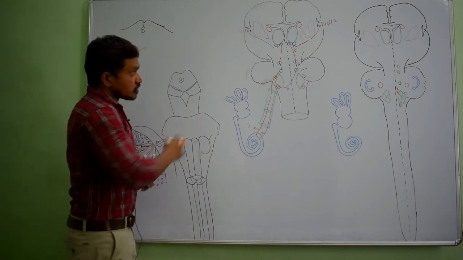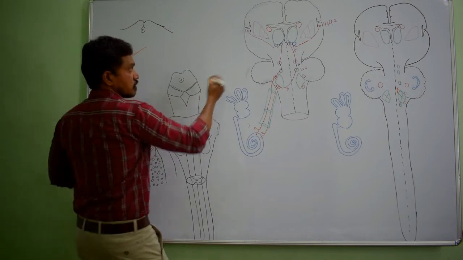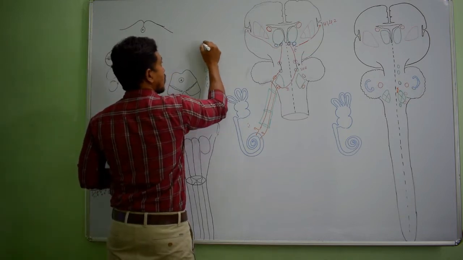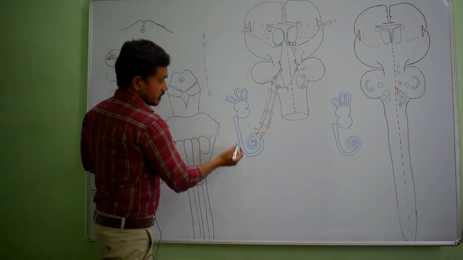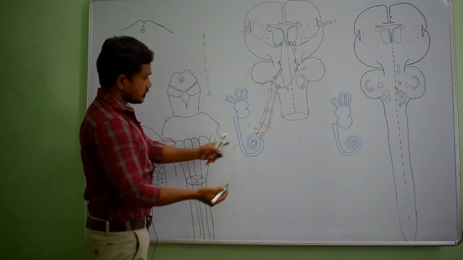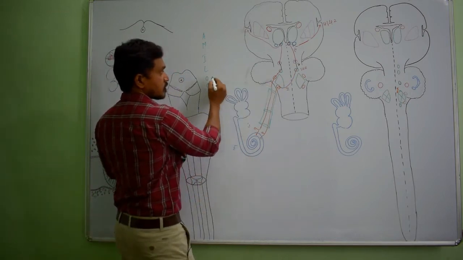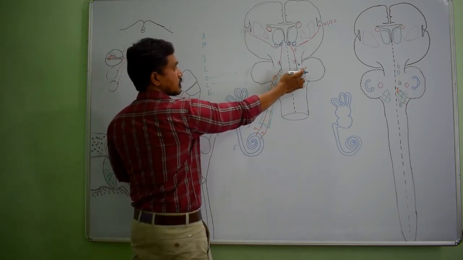that is the primary auditory area. To remember this, almost all teachers tell one mnemonic. What is that? E. coli ma, from below upwards. E. coli ma. E, ear. So first ear. Then C, cochlear nucleus. Then O, what is this nucleus here? Superior olivary nucleus.